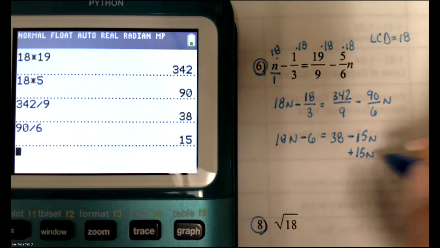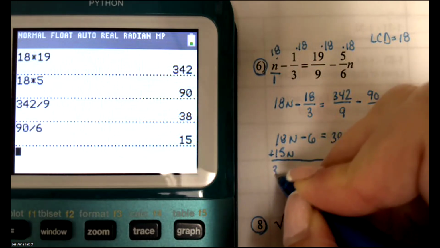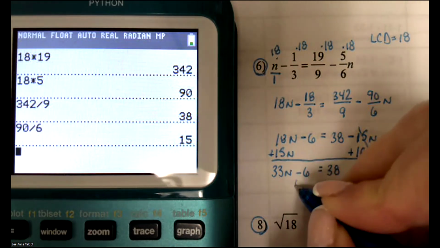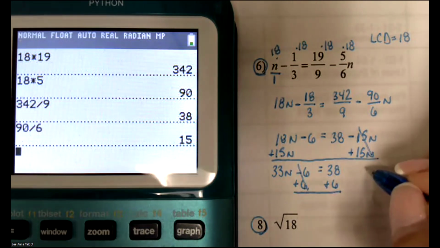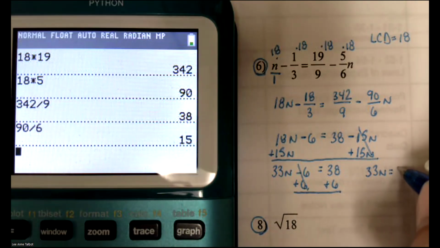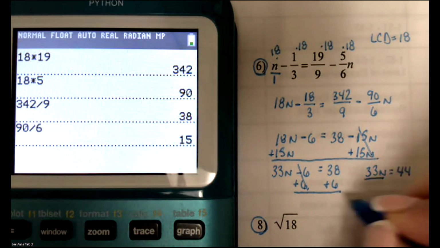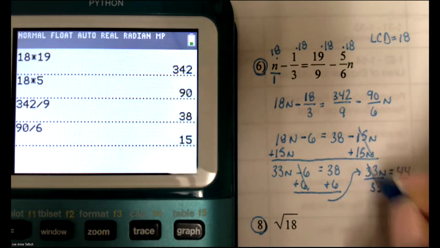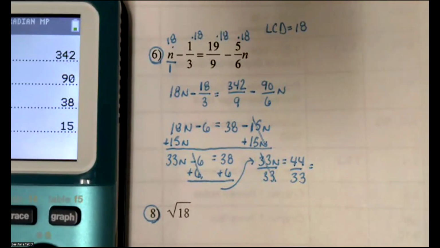So add 15n. Add 6. Divide by 33. Okay. Does anybody know a number that goes into 44 and 33? 11.